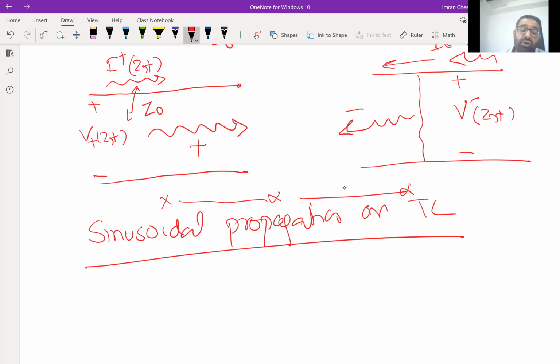So if you know the response of a system for one sinusoid, you can predict the response to any combination of sinusoids and hence any function. That's why we are studying sinusoids.